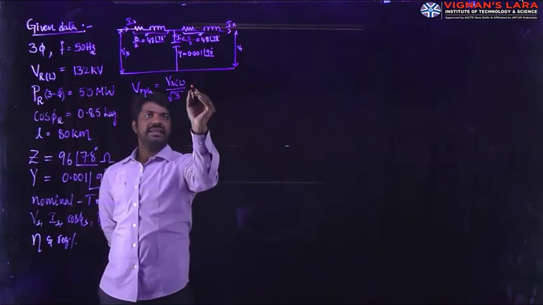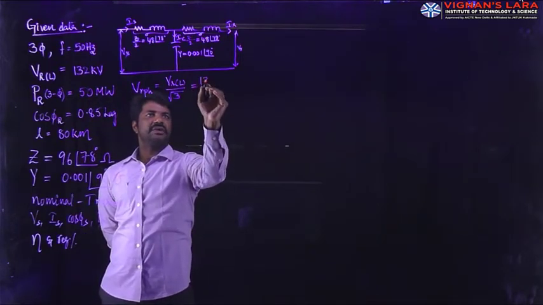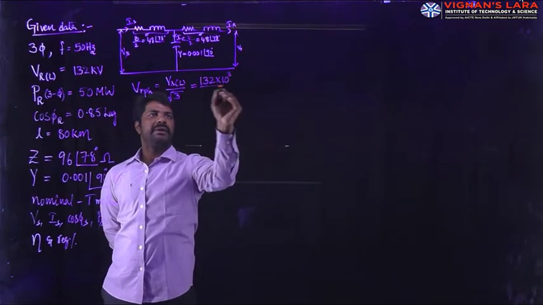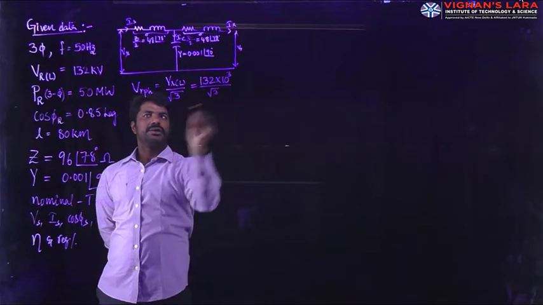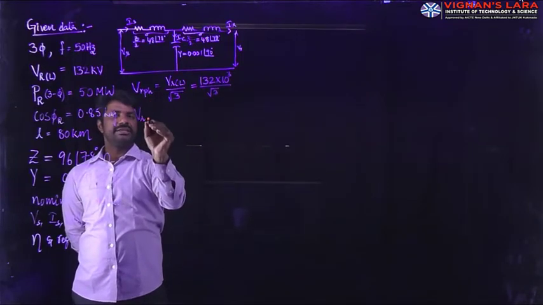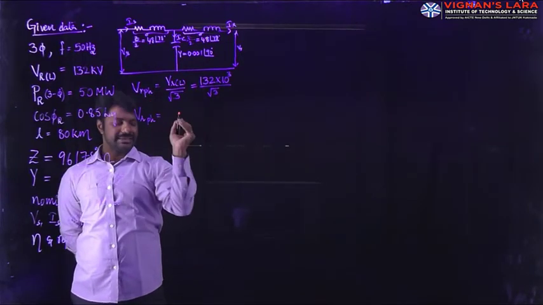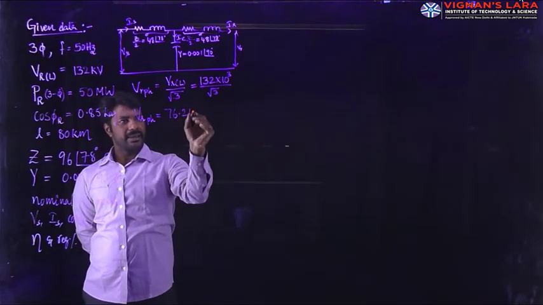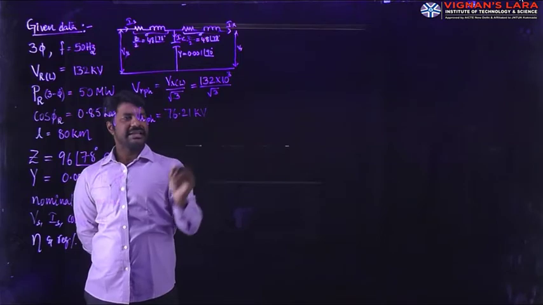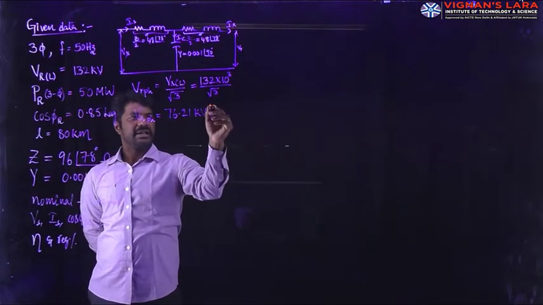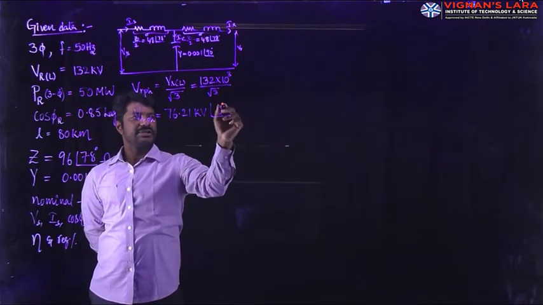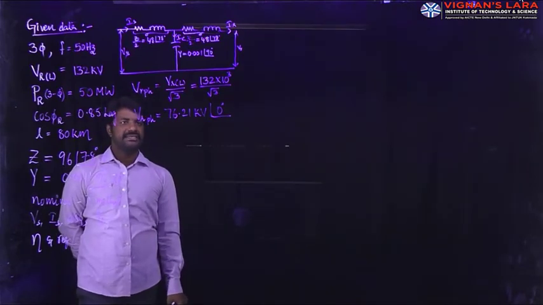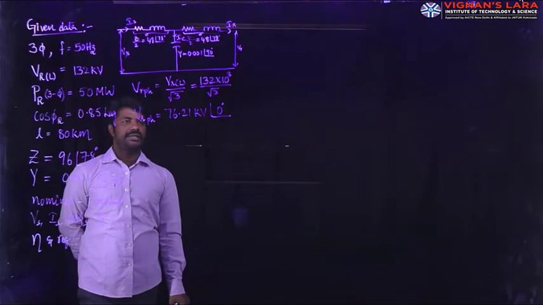The VL on the receiving end side is 132 kV, so 132 into 10 power 3 divided by root 3 gives the receiving end voltage per phase as 76.21 kV, which was taken as reference. Therefore, its value is at an angle of 0 degrees.